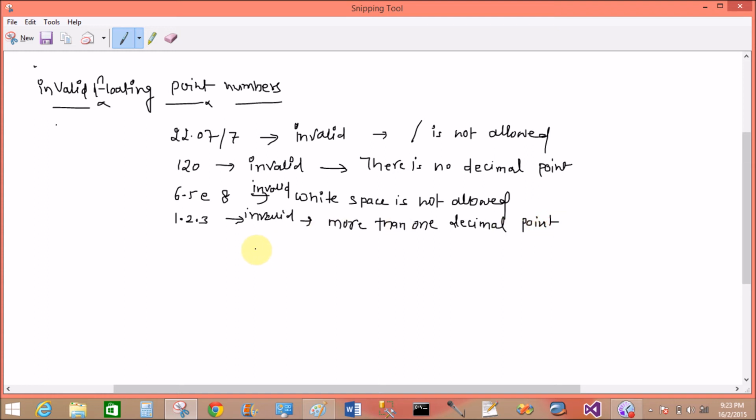So more than one decimal point is invalid. (10.5e minus 6.9): 6.9 is not allowed in the exponent.